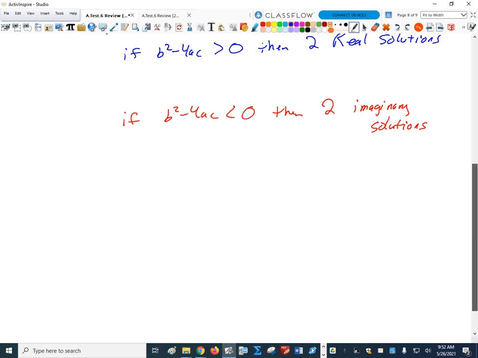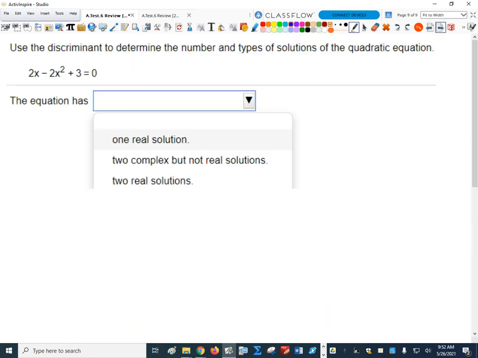And then finally, we've got one last problem, and I think we can get it here. We can calculate the discriminant really quickly. We have to put this in standard form, so we write it as negative 2x squared plus 2x plus 3 equals 0, but a is not positive, so we'll distribute a negative through, and we'll get positive 2x squared minus 2x minus 3 equals 0.